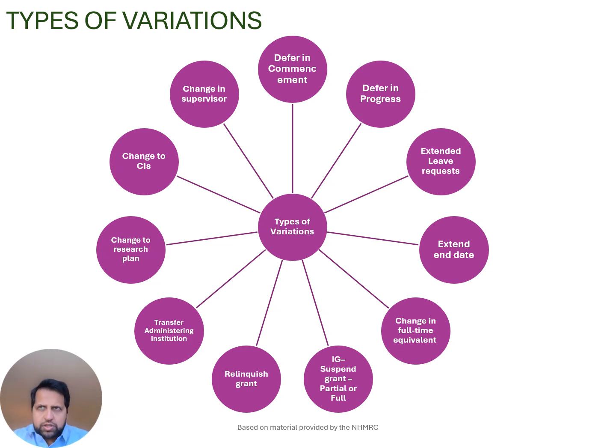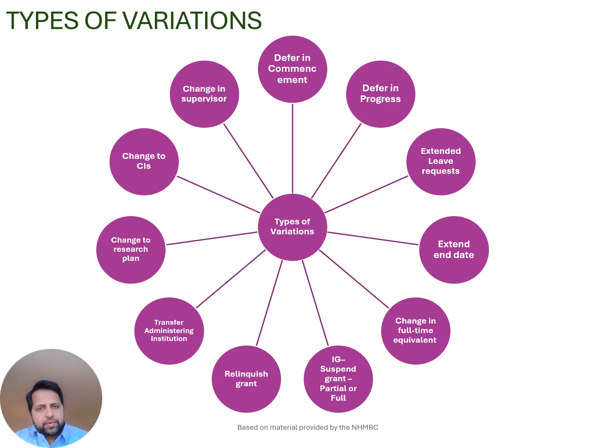If you are reducing the FTE, that is approved on a case-by-case basis. Increasing the FTE is also case-by-case, right? Increasing the FTE can only be submitted in circumstances where the investigator grant is either part-time personal or part-time professional, right?